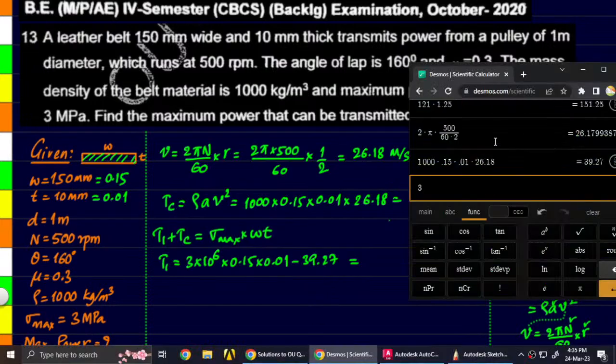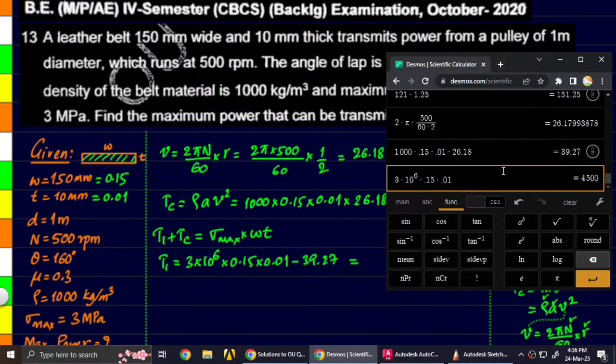So 3 into 10 power 6 into 0.15 into 0.01, that is giving us still a pretty large value. Minus 39.